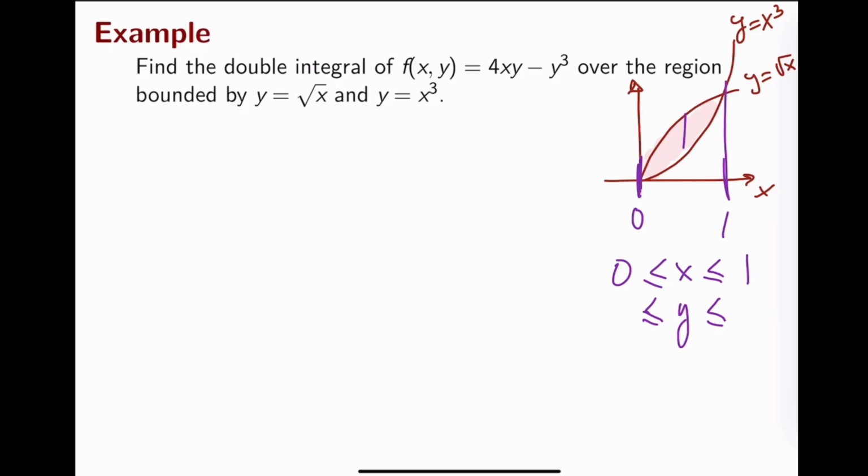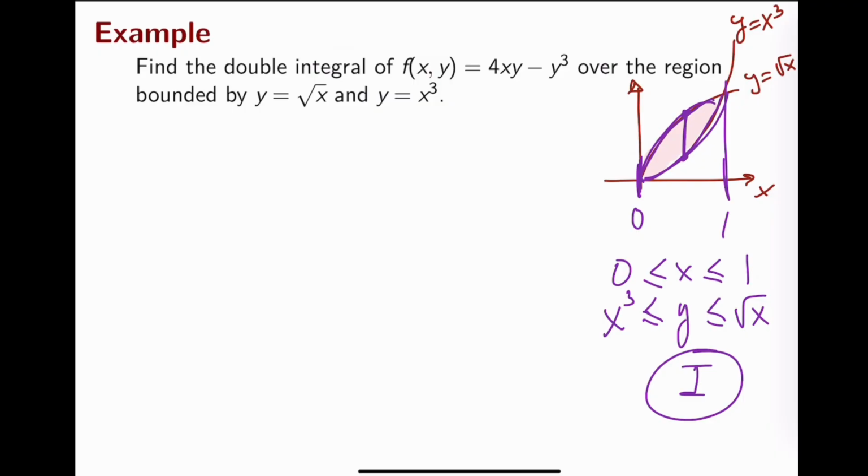So a generic y here will vary between this function and this function. So it will vary between x cubed underneath and, on top, square root of x. So we were actually able to describe this region as a region of type 1.